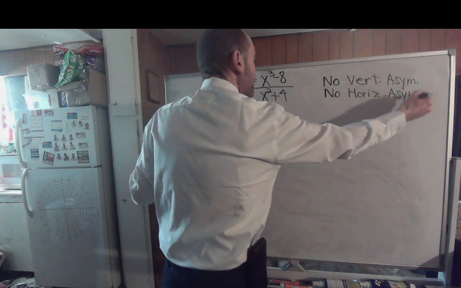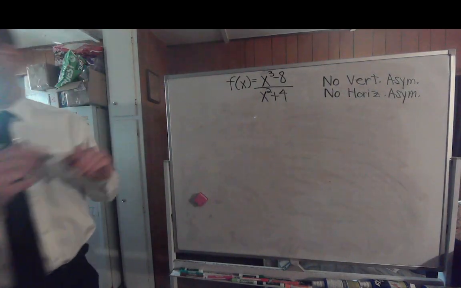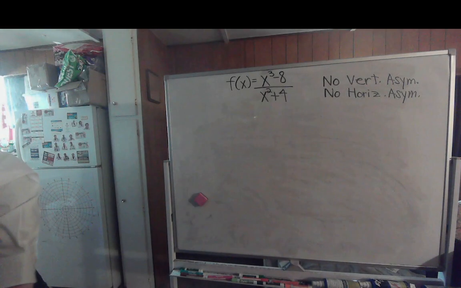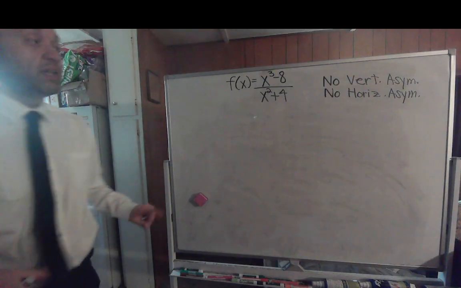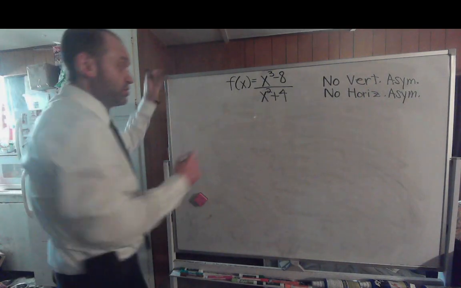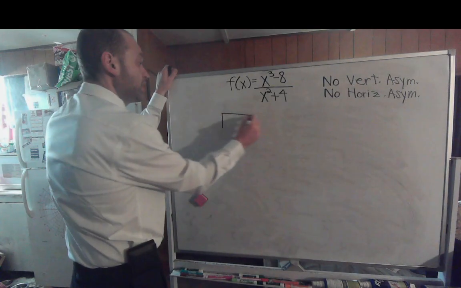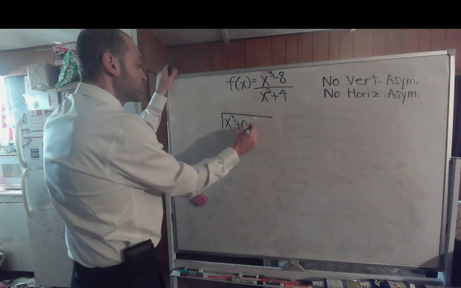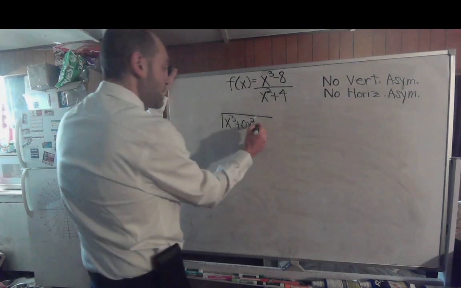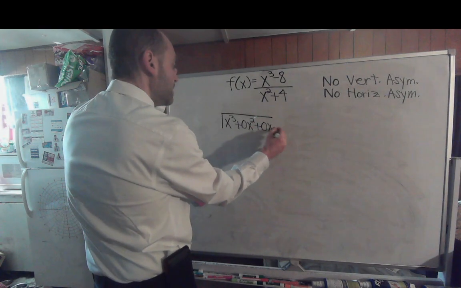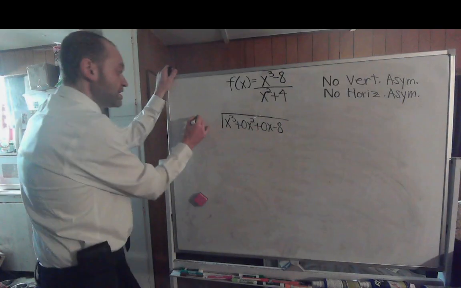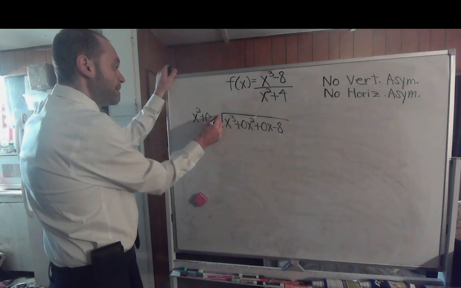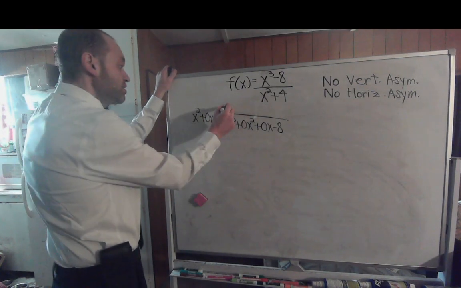However, the degree of the numerator is greater than the degree of the denominator by exactly 1 degree, which means we do have a slant asymptote. So let's do our long division here. x to the third plus 0x squared plus 0x minus 8 divided by x squared plus 0x plus 4. x squared goes into x cubed x times.